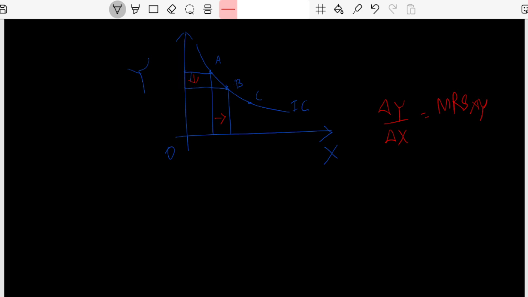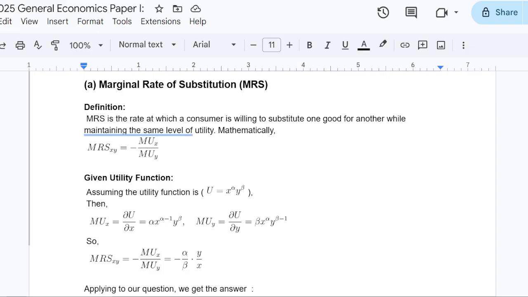It is the rate at which the consumer is willing to exchange the two goods. Here MRS xy is equal to negative of MUx by MUy. It is the same thing that we wrote as change in y divided by change in x without the negative sign. So if we write it like this, then keep the negative sign.